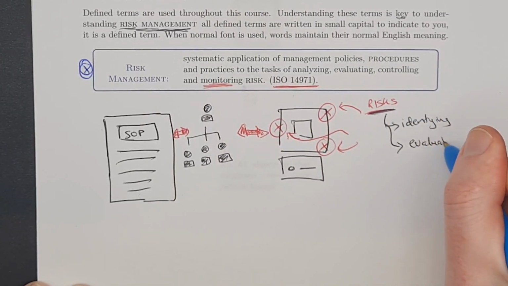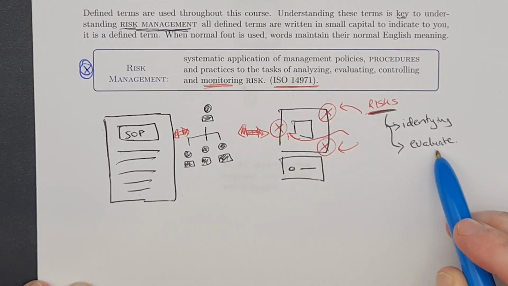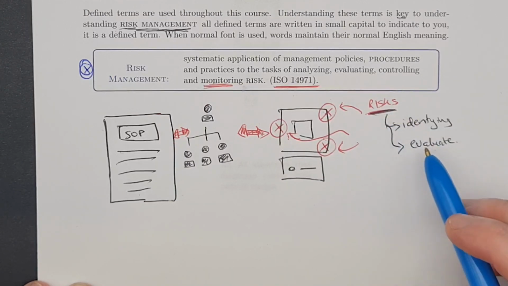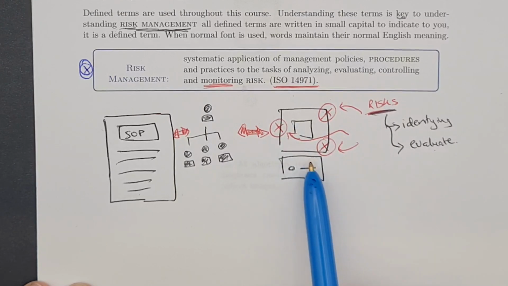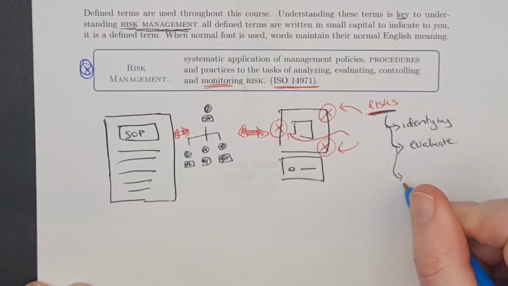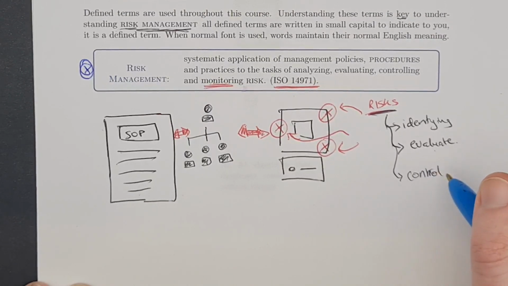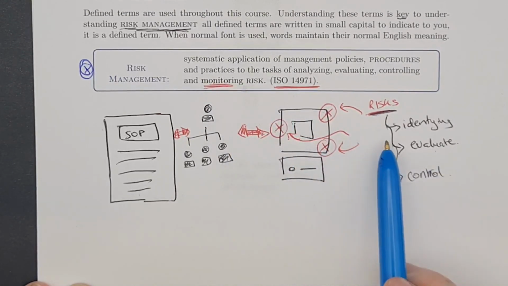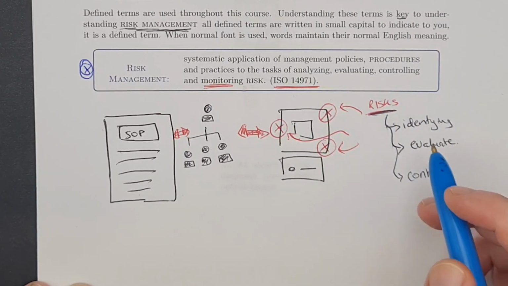Some risks are much smaller than others, and some are much more serious in terms of the harms they can inflict on people or the environment in which the device is used. So we identify risks, we evaluate them, then we control risks. The way the word control is often used in the context of risk management, it's similar to mitigate. It's things you do to reduce risks or mitigate risks. So that's what's meant by control.